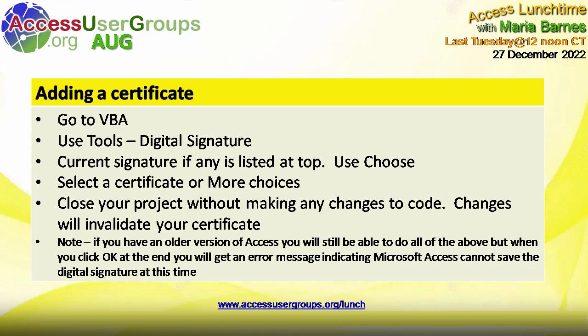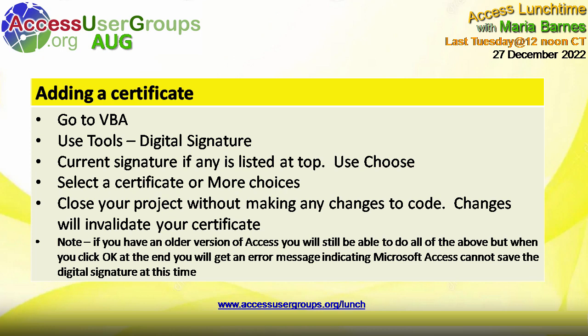If you're working on a project and you're going to be making changes and that kind of thing, and then you're going to be distributing it, the very last thing you want to do when everything is done and you've saved your project once is to sign it at the very end, because once you sign it, you don't want it to save any further or no other changes save, because then you'll just invalidate it.